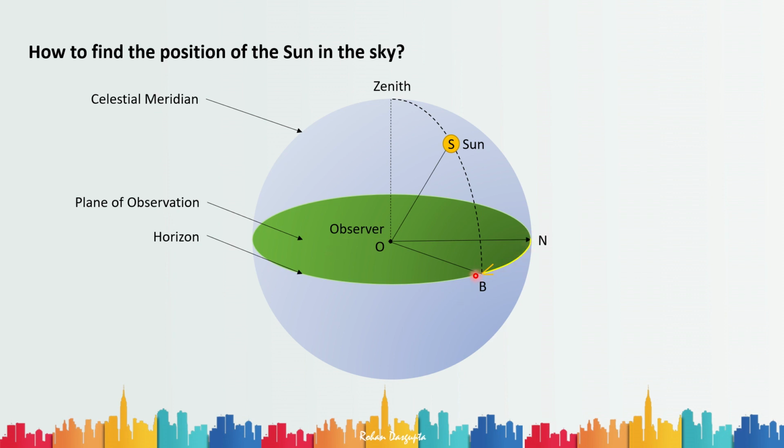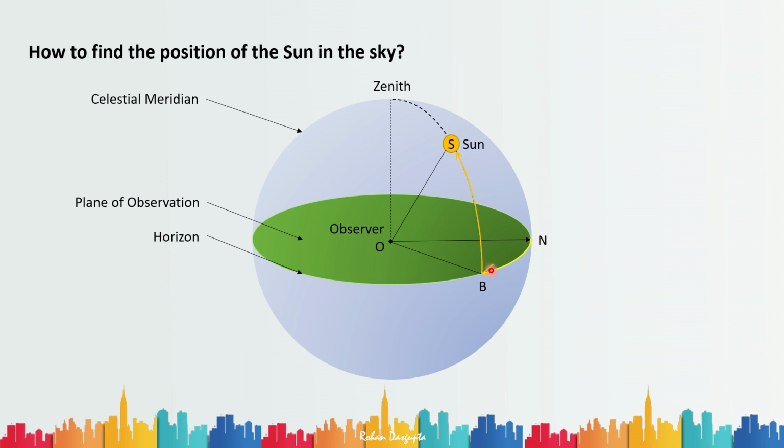If you know this angle, then from the north you can reach up to the point B. Am I right? And from here, if you know this angle, that is angle BOS, this vertical angle, then you can know the position of the sun. So in order to know the position of the sun, we need basically two angles.